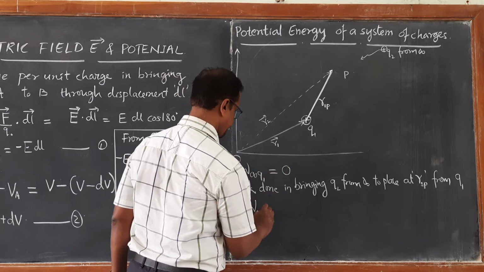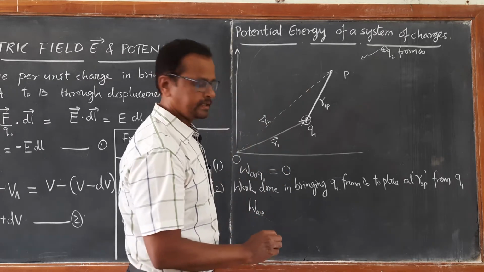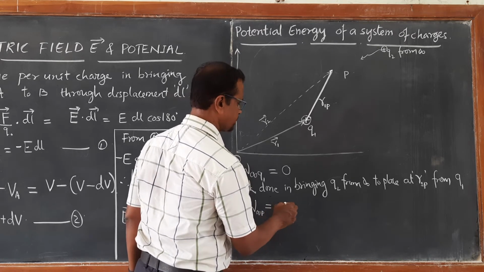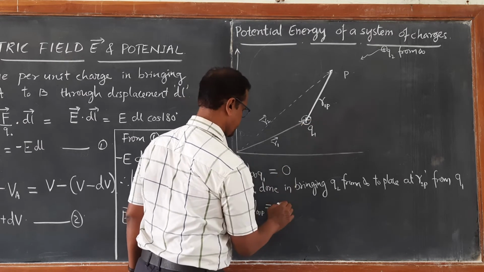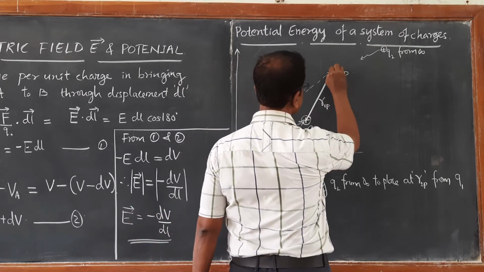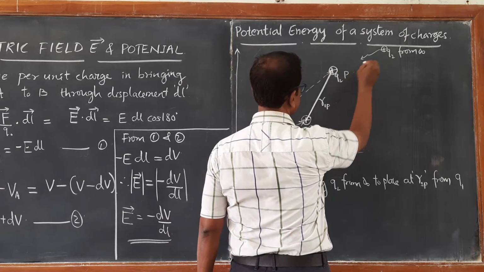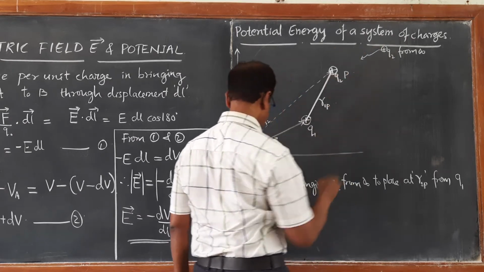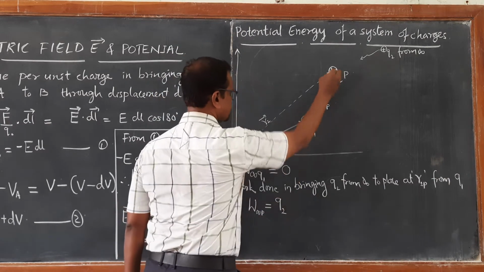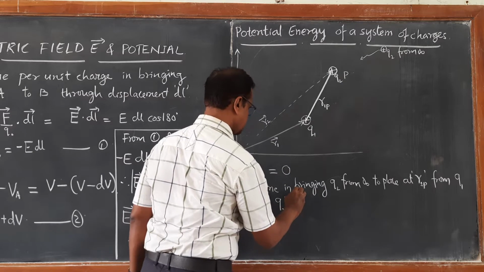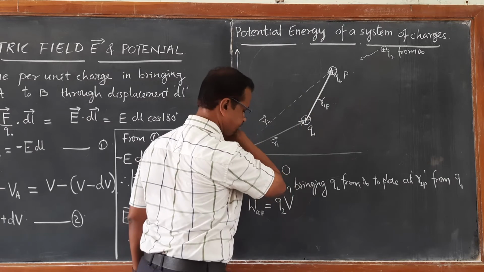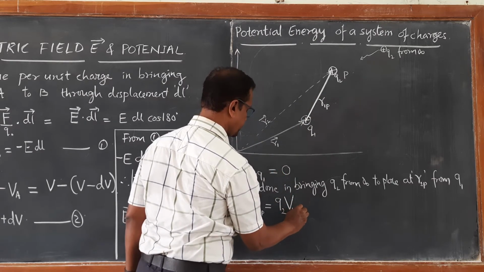I will write W infinity to P. The source here is Q1 and the charge that we are bringing here is Q2. Q2 is the charge brought from infinity to the point P, so it should be Q2 times the potential developed here, which is V at point P, V1P.